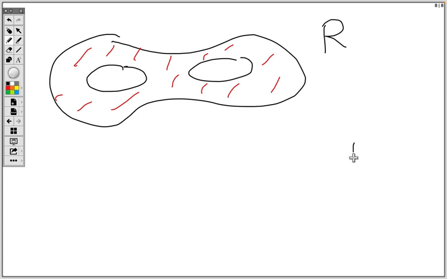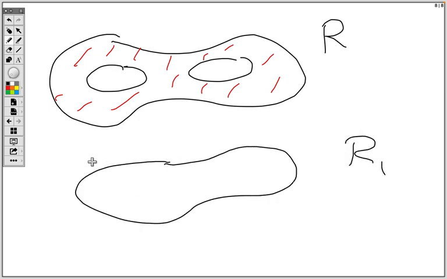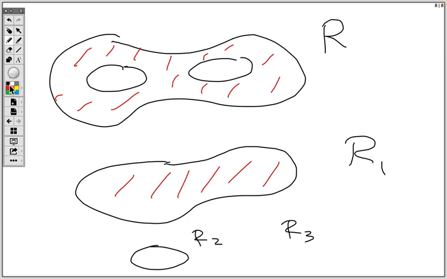And let's call the region R1 the whole thing. And then we'll call R2 and R3 the holes.